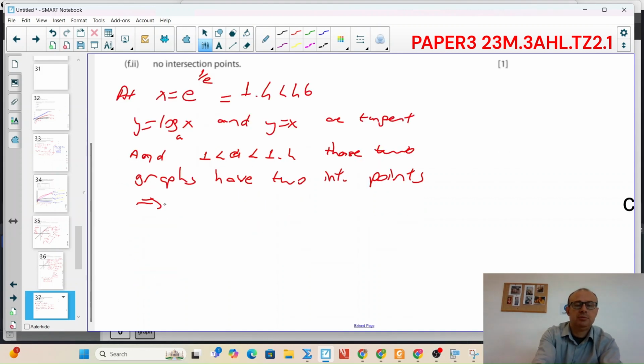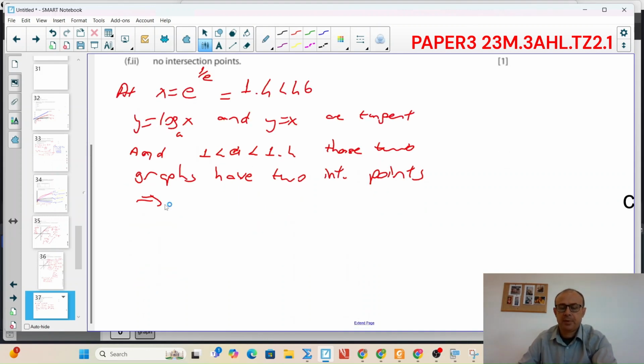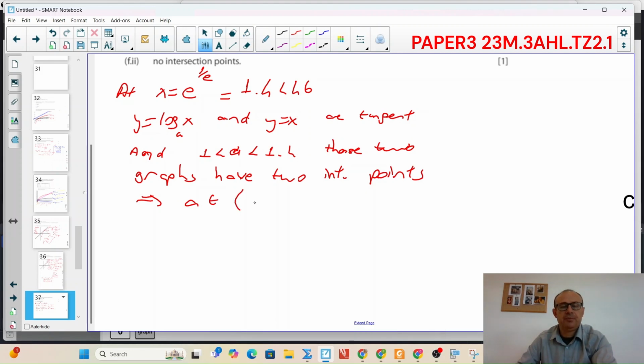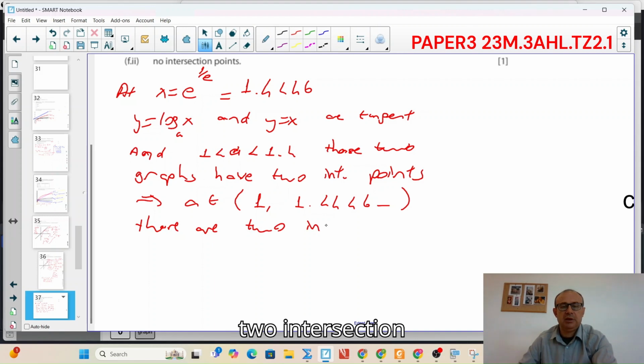So when a is in the interval (1, 1.4446), there are two intersection points.